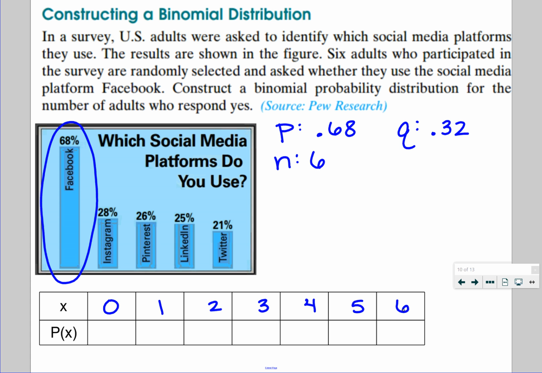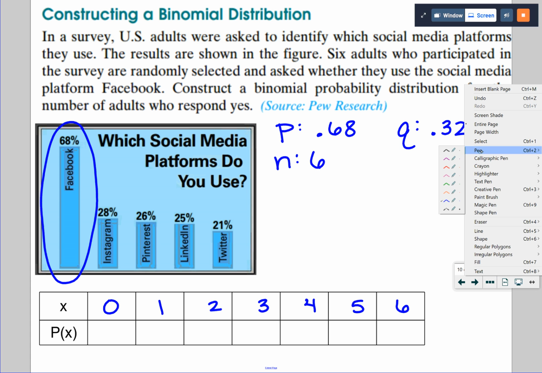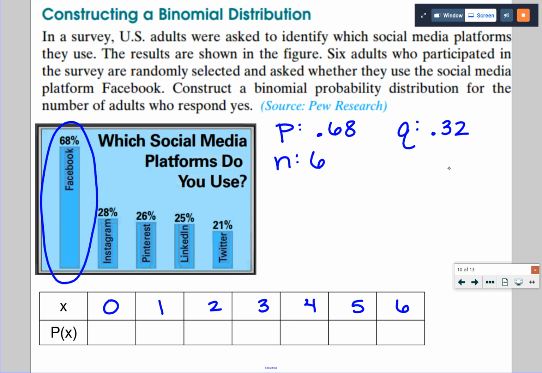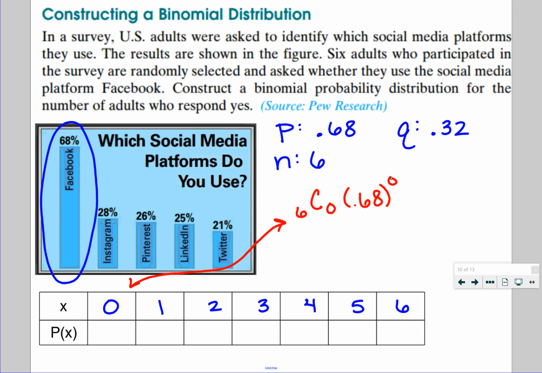Okay, now the bottom of the table, we're just going to use the binomial theorem. And I'm going to do one by hand, and then I'm going to show you how you can do a shortcut in your calculator with this, because you have to pretty much do the same thing over and over again. So if I was going to do it by hand for 0, here's what it would look like. I would do 6 choose 0, because I want 0 successes. 0.68 to the 0 power, and 0.32 to the 6th power.